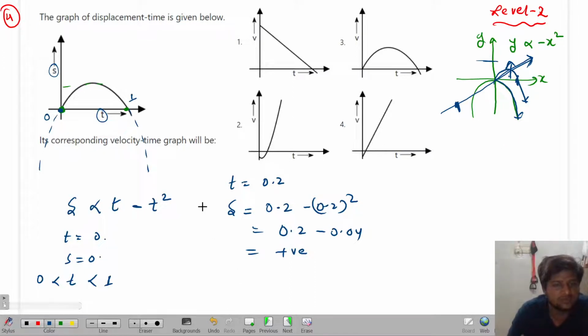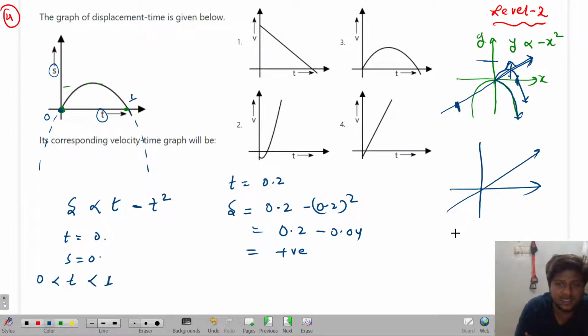Understood or not? See, what I'm saying is, if you draw a straight line and a parabola over here, this is my y-axis, this is my x-axis. In the negative x region, y is also negative. It is not a big problem.